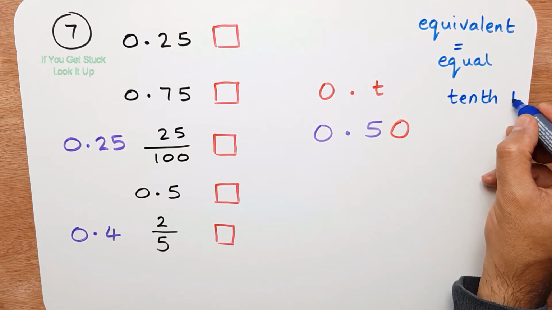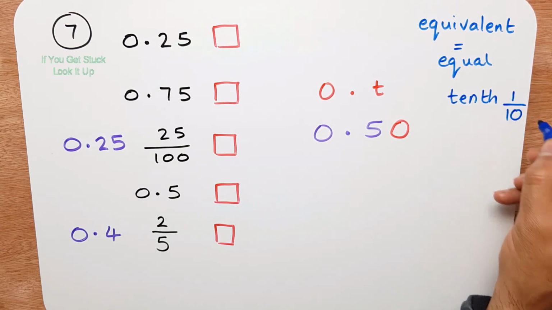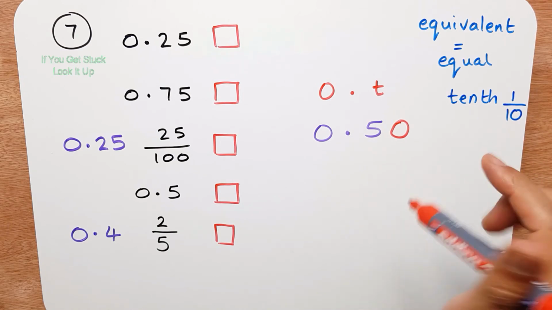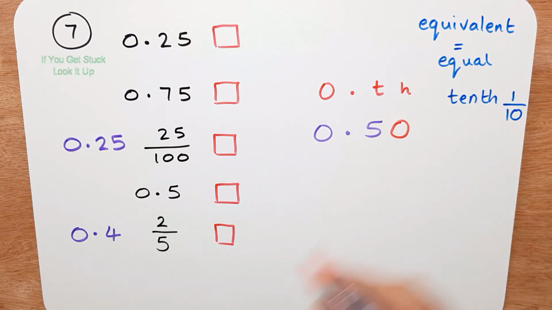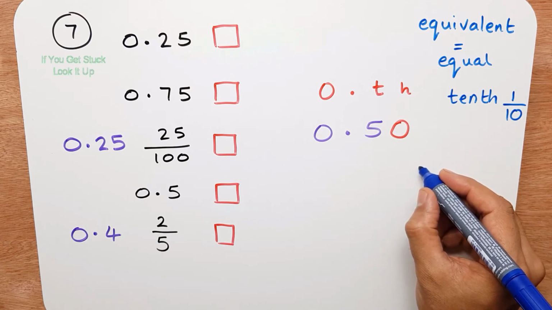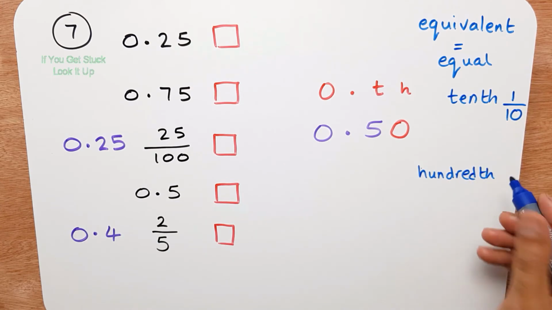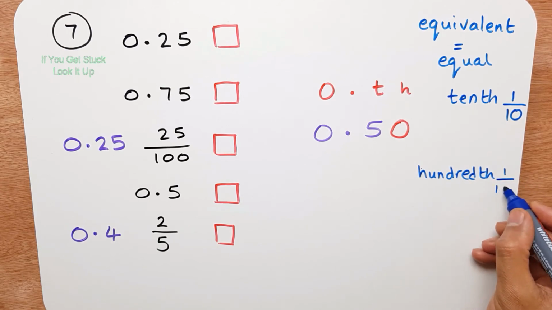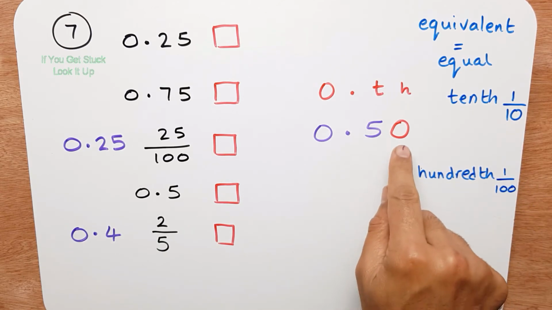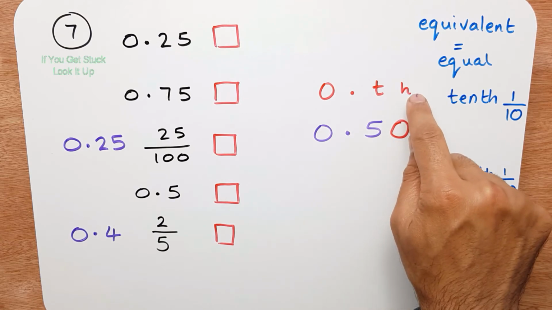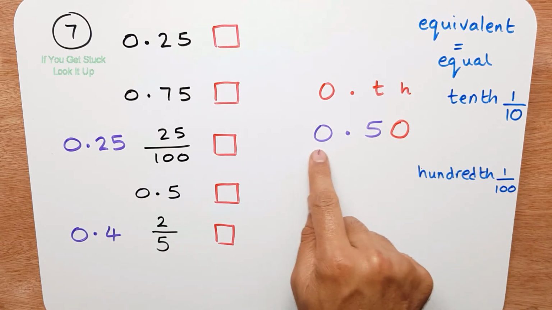And we can write it as 1/10. And this column here is the hundredths column. And let me write that here, hundredths. And we can write that as 1/100. And because we've added 0/100ths, we've not changed anything.